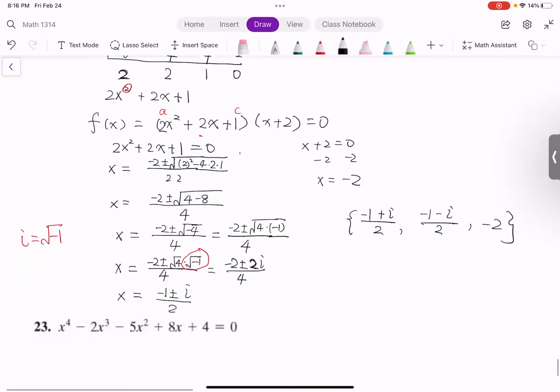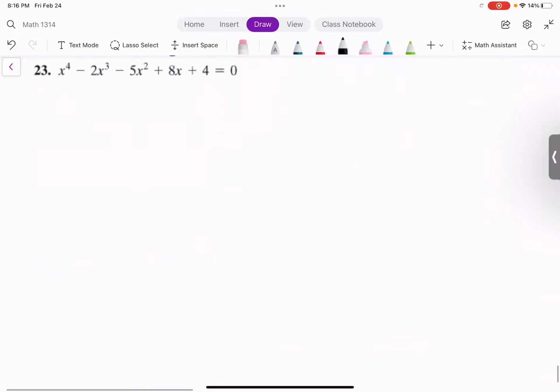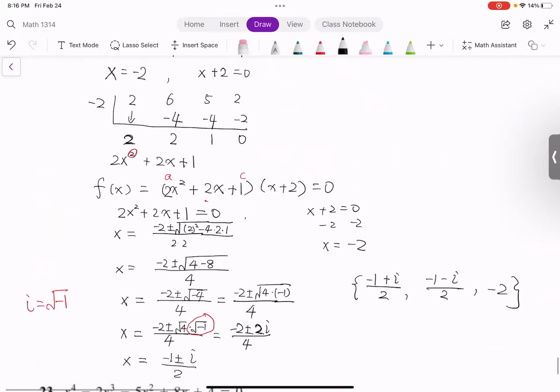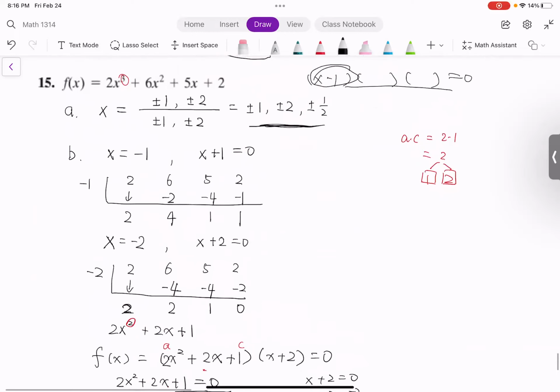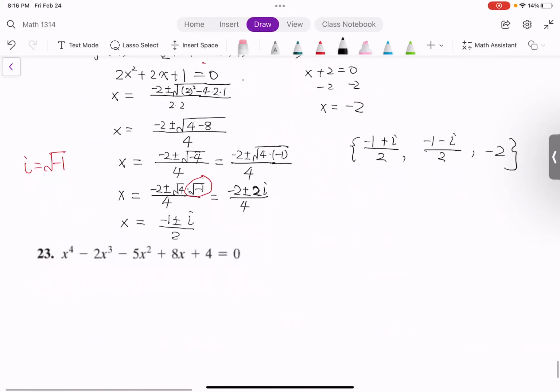Okay, let's see the next one. This one, the previous one is not very easy because we got a complex number. So if you want to write them in the pattern of a complex number, because we know the complex number is a plus bi, and these two are not in the a plus bi form.